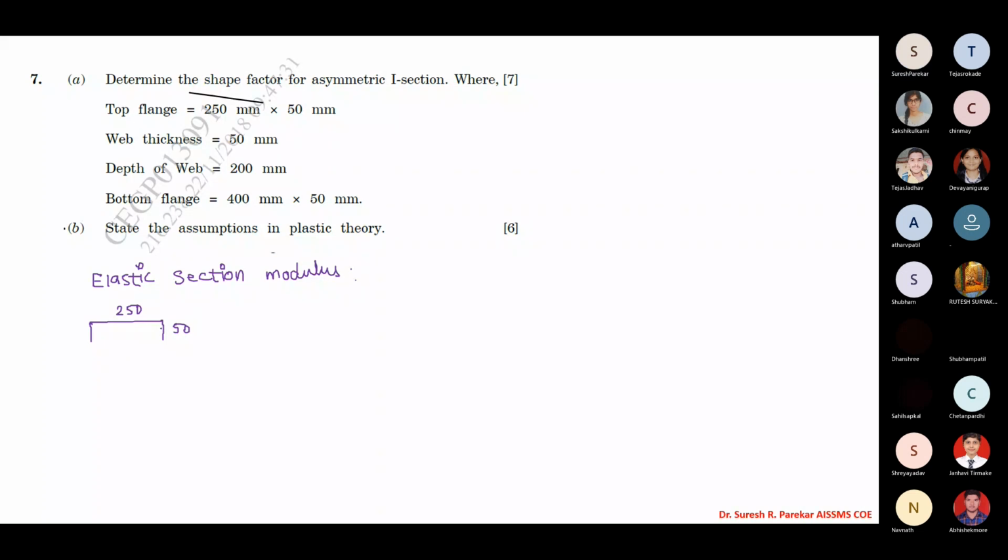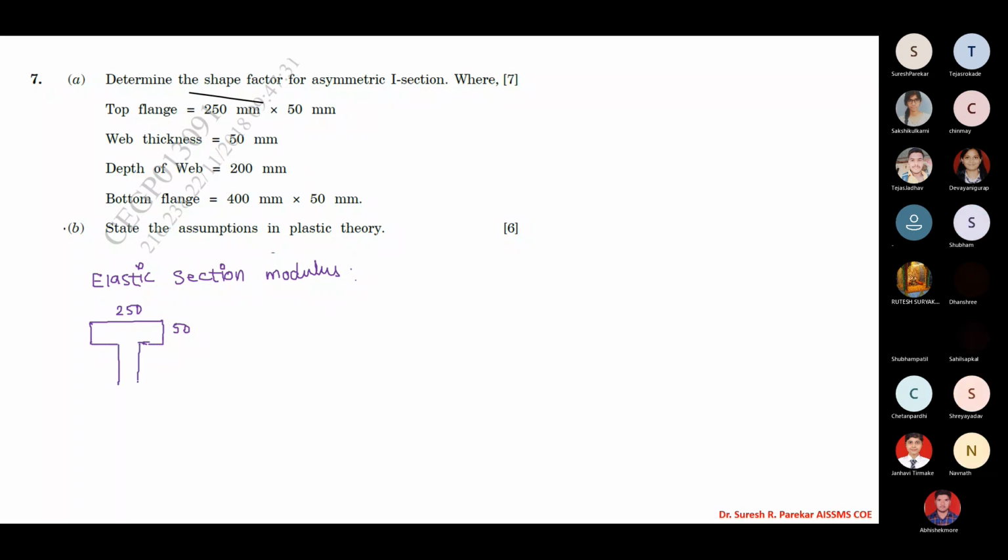Then depth of web 200, thickness 50. Then 400 by 50.